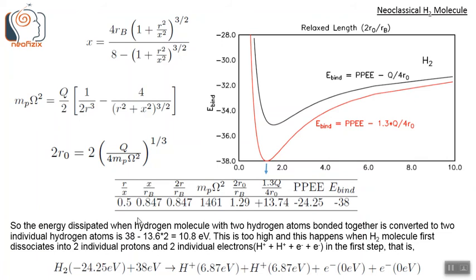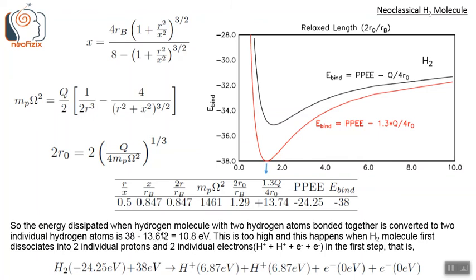So the energy dissipated when the hydrogen molecule with two hydrogen atoms bonded together is converted to two individual hydrogen atoms, according to this calculation, is 38 minus 13.6 into 2. So 13.6 comes from the individual hydrogen atom.